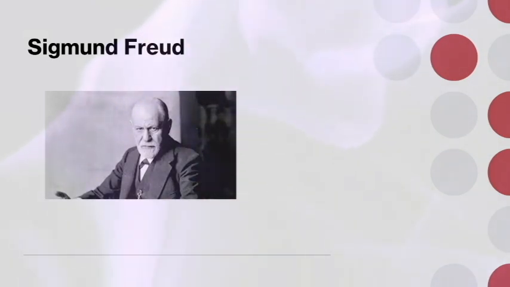So I want to take a little bit of time now and explore Sigmund Freud's psychosexual development theory, and how early childhood experiences play such a critical role in shaping an individual's personality and behavior. The basic idea to understand here is the idea of eros, what we translate as sex or love.